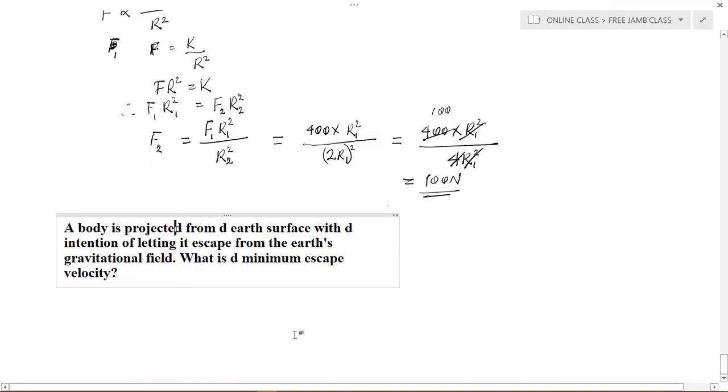This one here is quite easy. Since they said minimum escape velocity, it is always equal to the square root of 2gR.